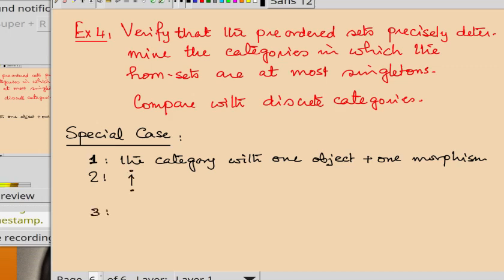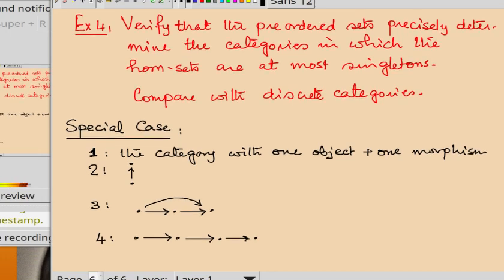The category 3, which is this. And obviously you have this. Okay. The category 4, so we'll stop now drawing the composites. So all possible composites are there, all possible chains.